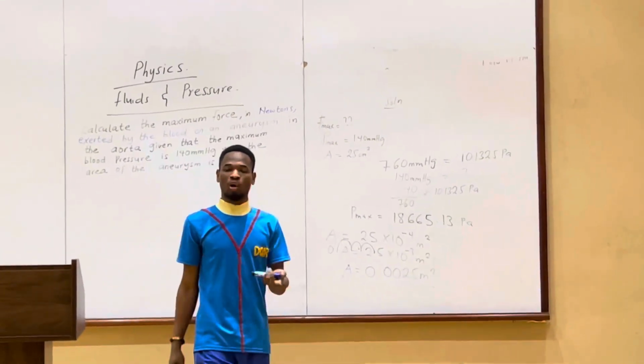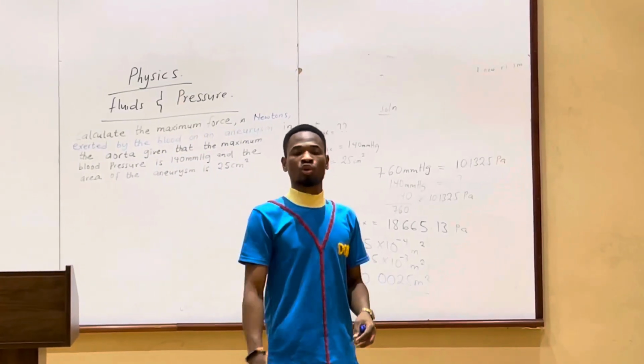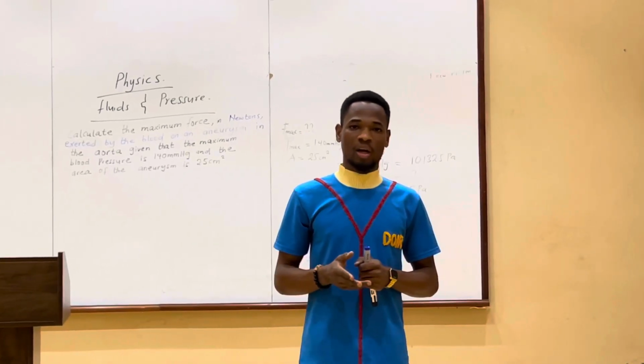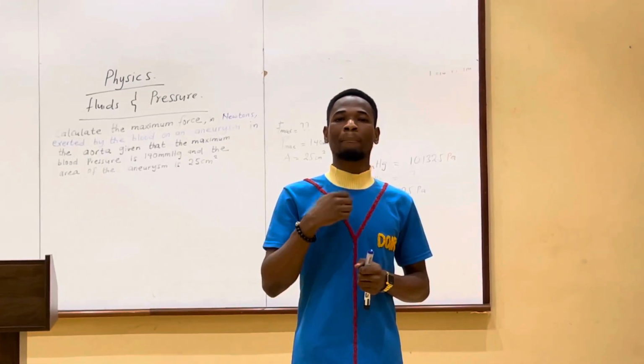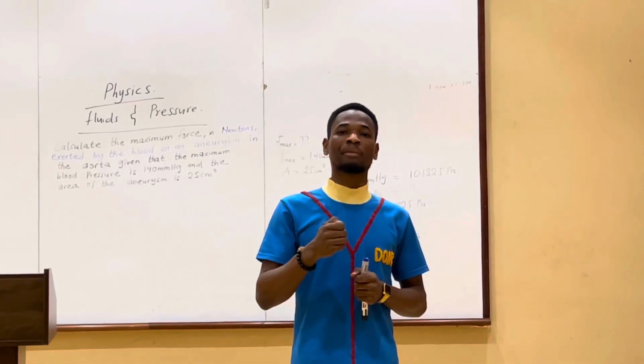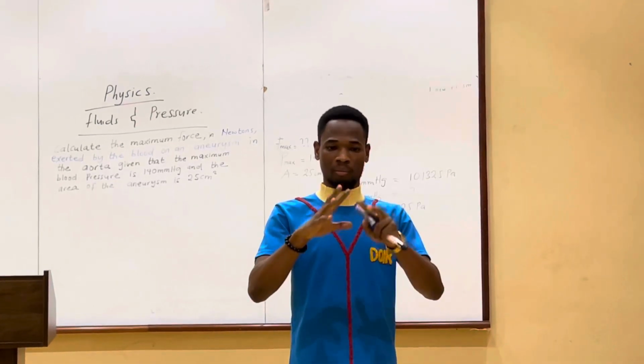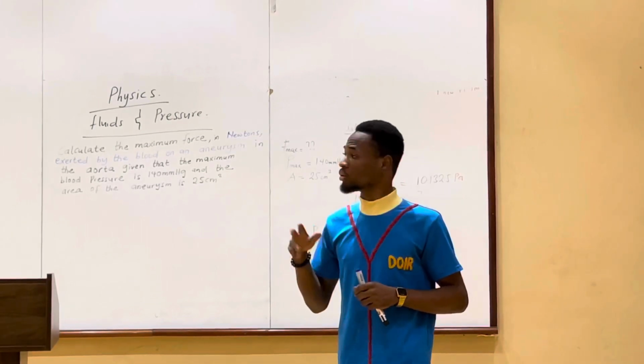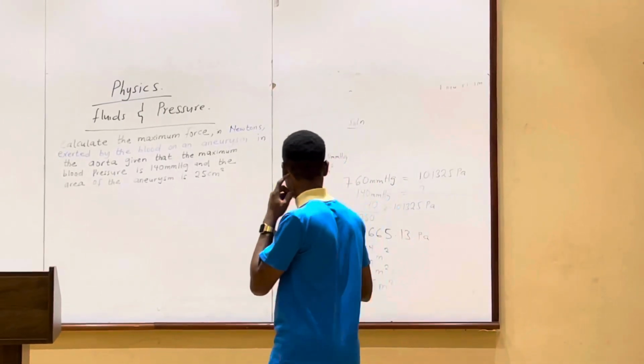And now let's employ our formula. You know that pressure is equal to force over area. And you have been told to find the maximum force. So what do you do? Just make force the subject from the expression, and just substitute your values to get your answer.